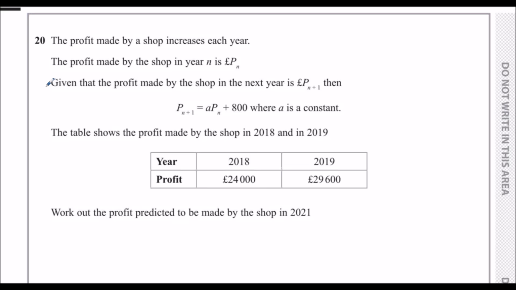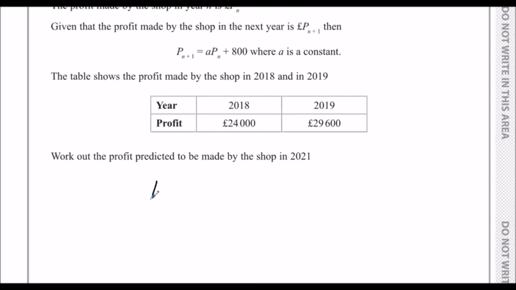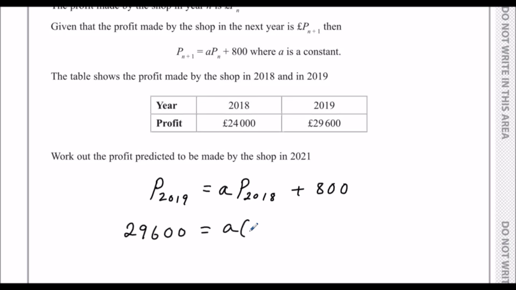So we can work out what A is. The profit in 2019 is A times the profit in 2018 plus £800. So the next year is A times this year plus 800. And we know the profit in 2019 is 29,600. We know the profit in 2018 is 24,000.